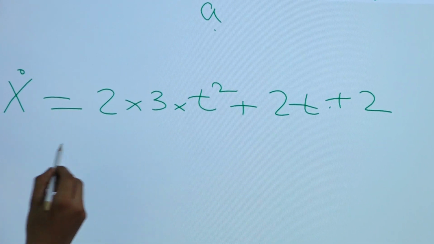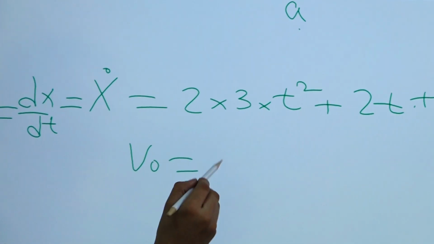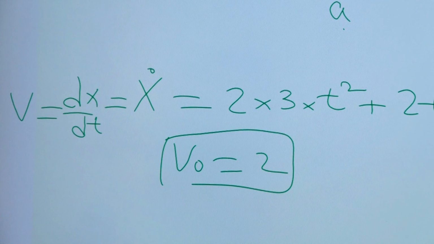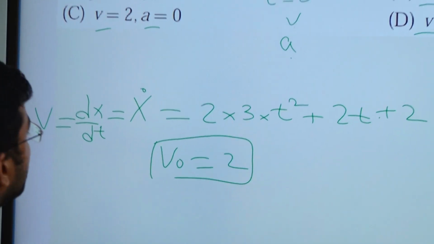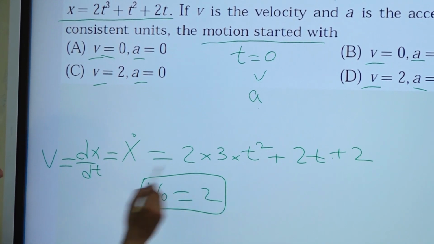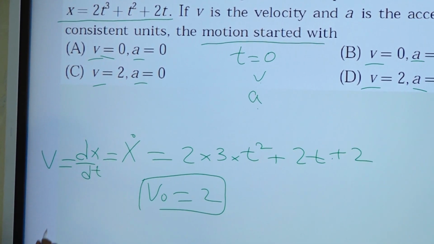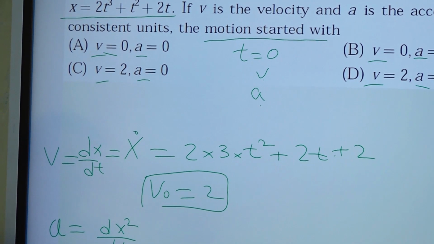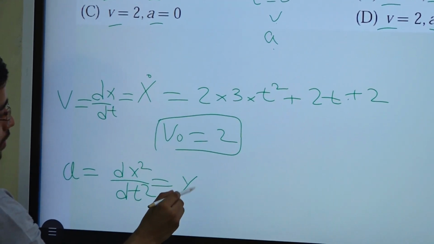When you put t equal to 0, you will get v naught equal to 2, right? So we already got the velocity. In c and d, v is equal to 2. Now we have to find the acceleration. Again we have to differentiate this equation, right? So acceleration is equal to x double dot.